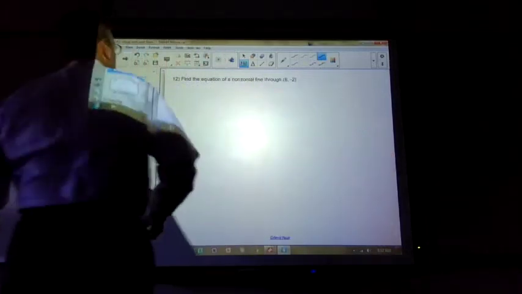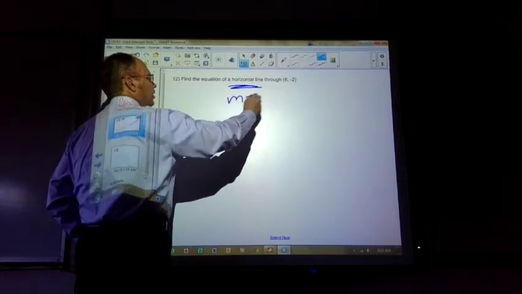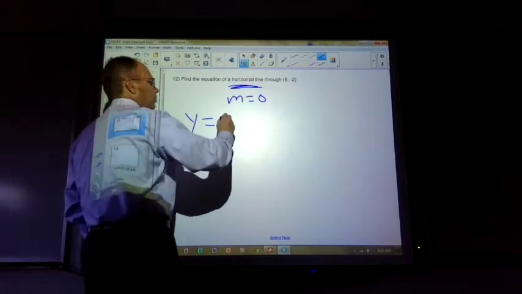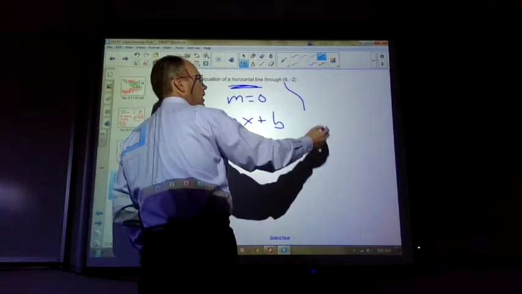All right. Find the equation of a horizontal line through the point (6, -2). Oh my. Horizontal line. What's the slope of a horizontal line? Yeah, m equals 0 here. Still with me? Okay, I'm going to use y equals mx plus b. What letter is that?